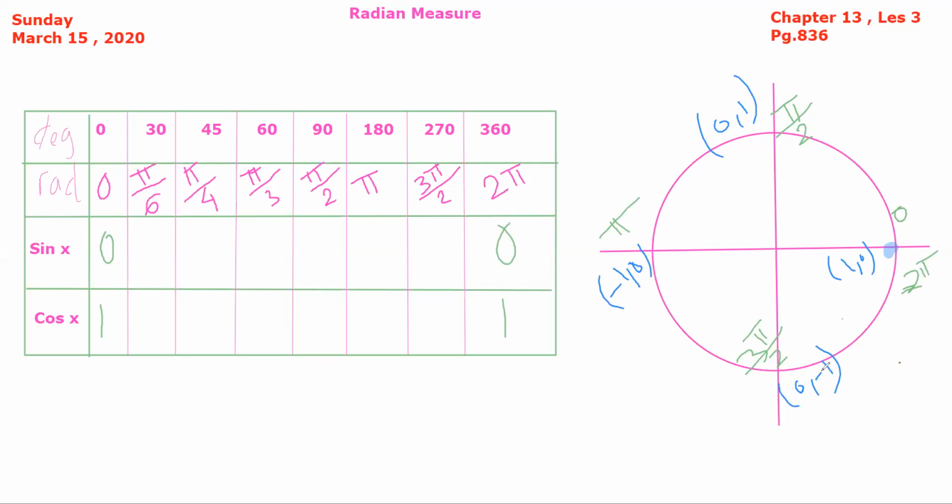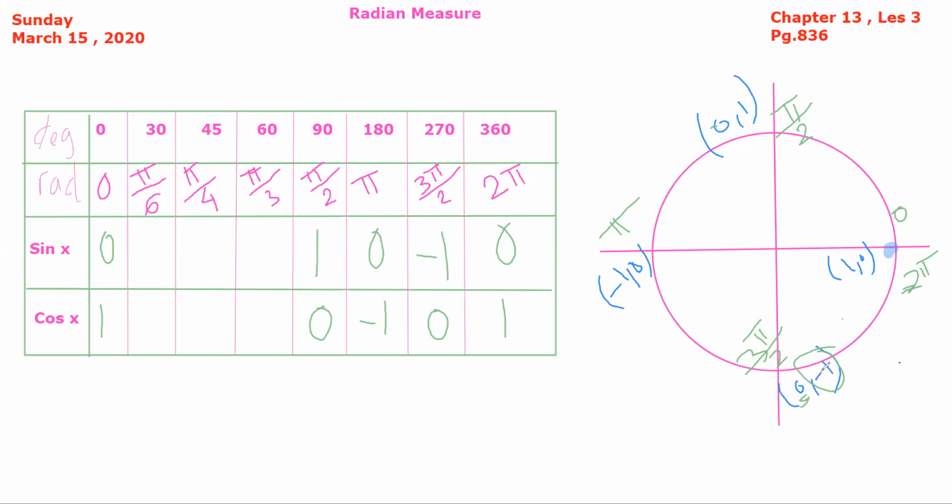Now for pi over 2, the cosine is 0 and the sine is 1. For pi, the cosine is -1 and the sine is 0. Now for 3 pi over 2, as you see from here, the cosine is 0 and the sine is -1.